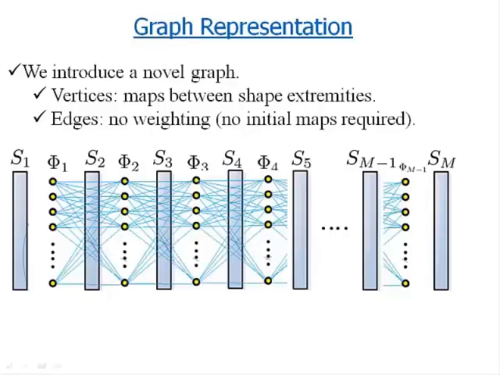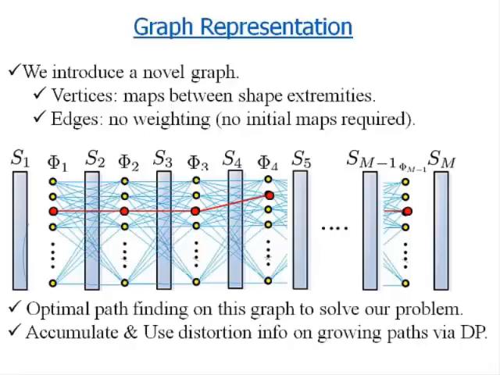And then the problem reduces to optimal path finding on this graph. In this example, the red path is our optimal path, so I am outputting the nodes or the maps on this red path as my result.